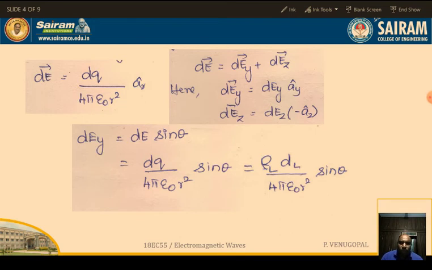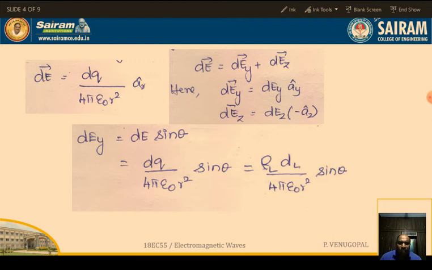And at the point P, vector dE can be resolved into rectangular components. One is along the y-axis called dEy, another is along the z-axis called dEz. Therefore, vector dE can be written as vector dEy plus vector dEz. So vector dEy is equal to dEy into ay, vector dEz is equal to dEz into minus az.